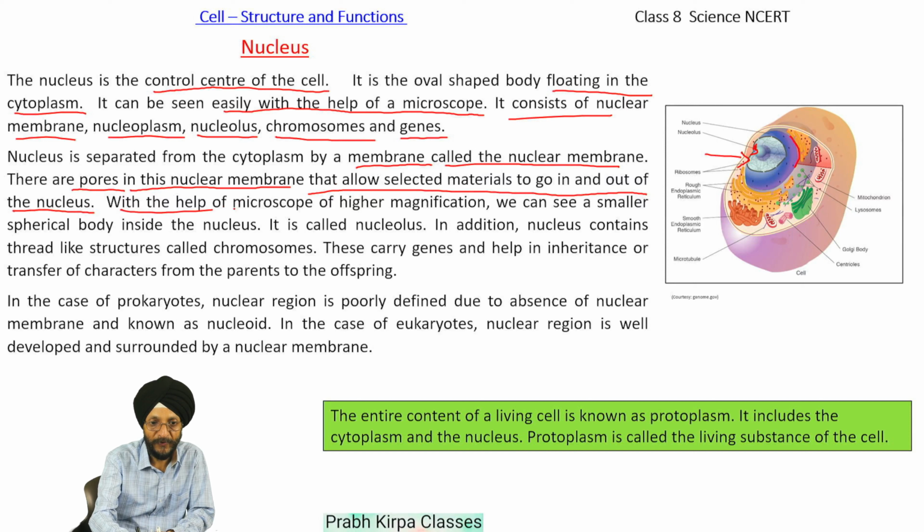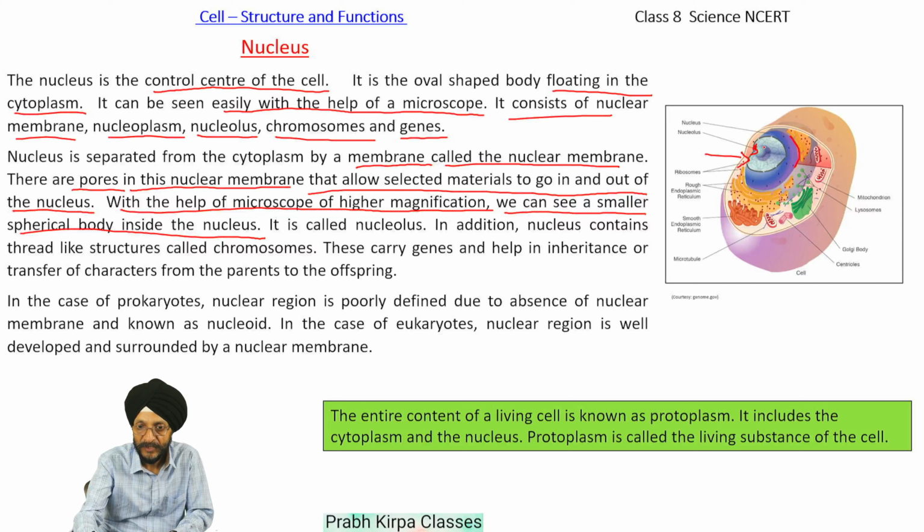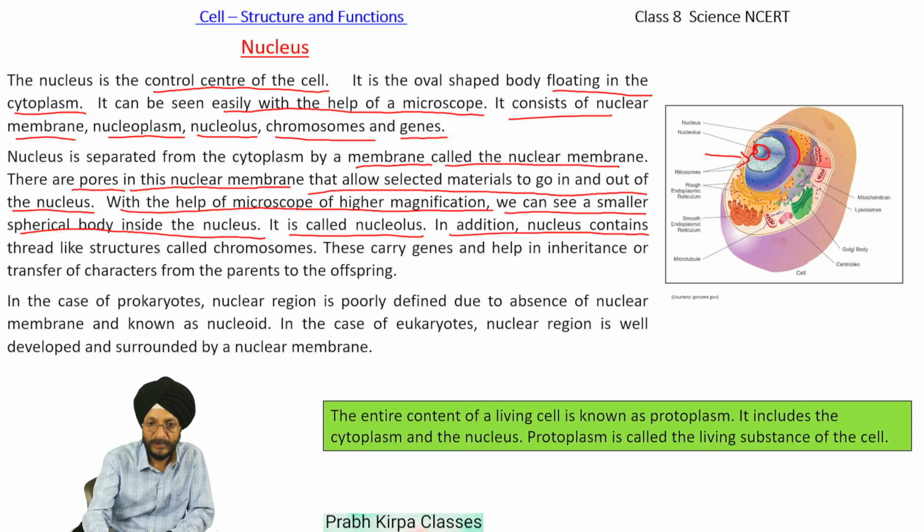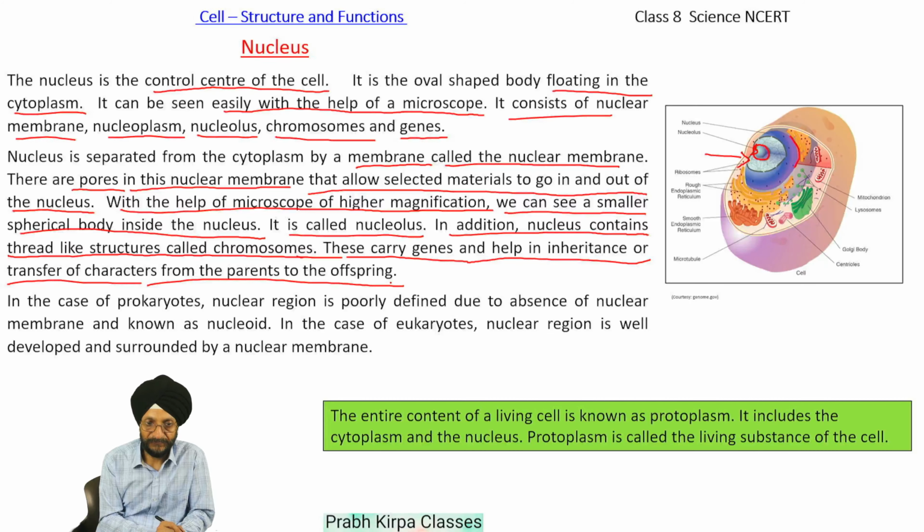With the help of a microscope of higher magnification, we can see a still smaller spherical body inside the nucleus, which is known as the nucleolus. In addition to that, the nucleus also contains thread-like structures called chromosomes. Chromosomes carry genes and help in inheritance or transfer of characters from parents to the offspring.